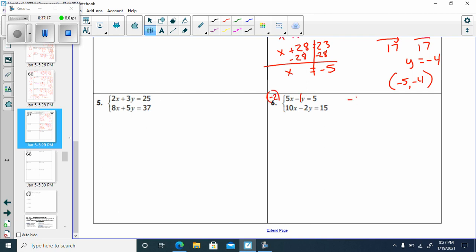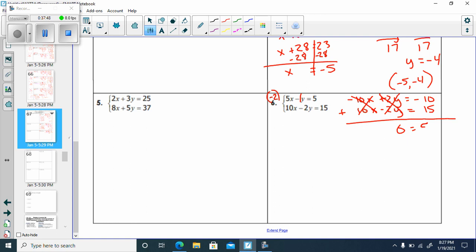That would give me -10x, -2 times that would give me positive 2y is equal to -2 times 5 is -10. Here I'm adding 10x minus 2y equals 15. Okay. -10x plus 10x is 0. -2y plus... positive 2y plus -2y is 0.